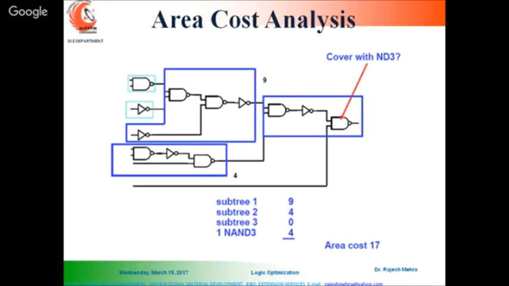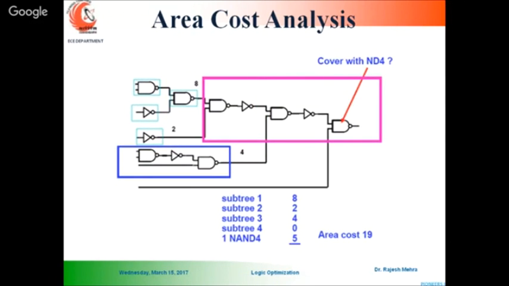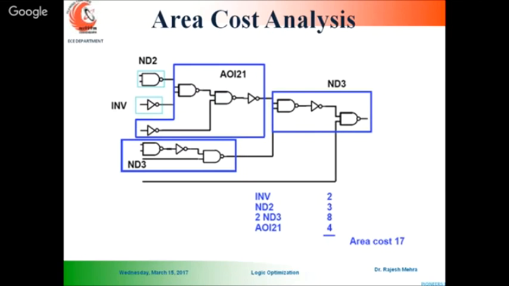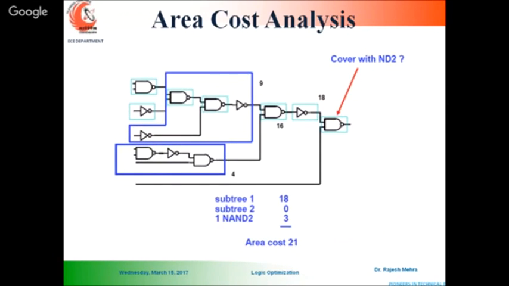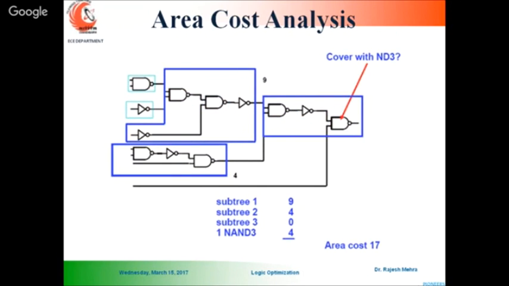So it is 17. Earlier it was 21. In previous case, when we calculated it separately, then it was 21. And when we used 9, 4, 4, it is 17. It is better as compared to 21.